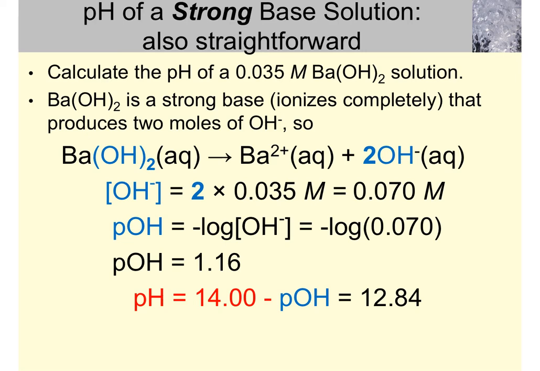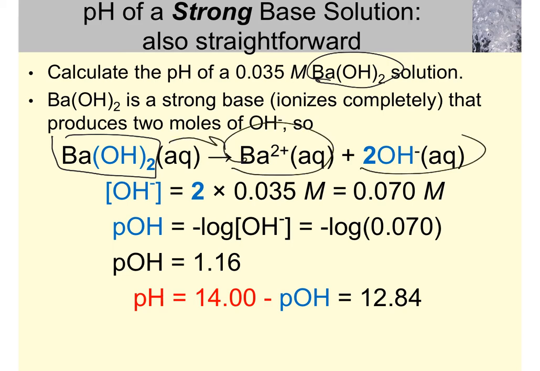Similarly, for a strong base, and just a reminder here, make sure you memorize the strong acids and strong bases. Barium hydroxide is one of the strong bases, and I threw this example in so that you don't forget about stoichiometry. So barium hydroxide, when we put it in water, 100% dissociates into the cation and the anion, which for a strong base is hydroxide.